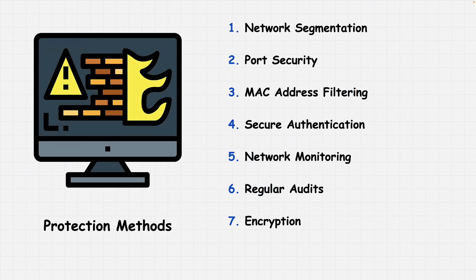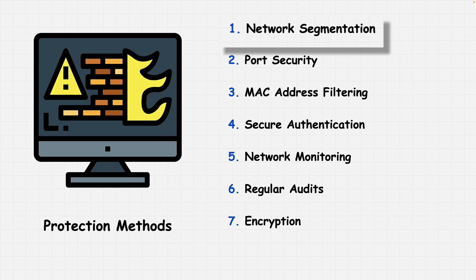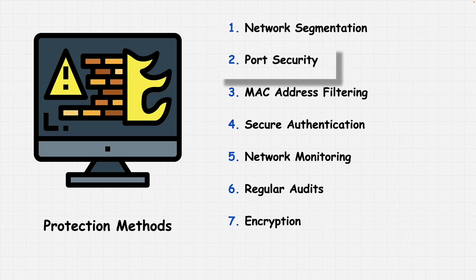Preventing MAC address spoofing involves implementing several security measures to protect the integrity and security of the network. We need to implement network segmentation, which will isolate sensitive networks and critical systems from general access networks, and that will limit the impact of MAC spoofing attacks. There is also port security.